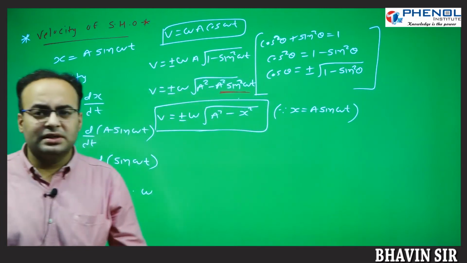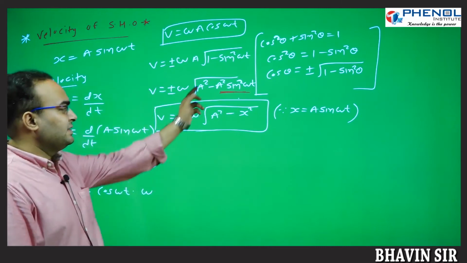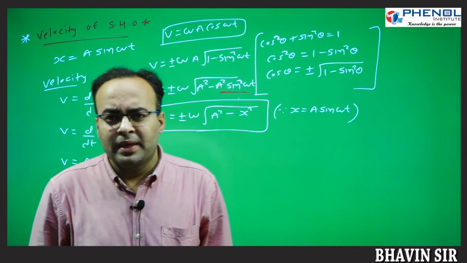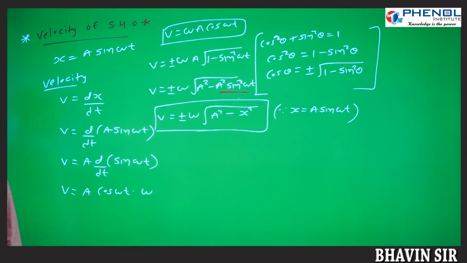Why? Because x equals a sin omega t. So students, a square sin square omega t is known as x square. So what is the velocity? Plus or minus omega under root a square minus x square.